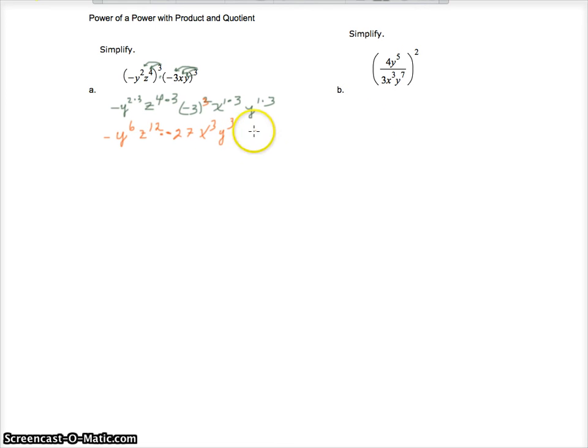Okay, so now I go and put my stuff together that can go together. Negative 27 times negative 1 is 27. Y, the 6 plus 3 is 9, so those are done. And then z to the 12th, x cubed.